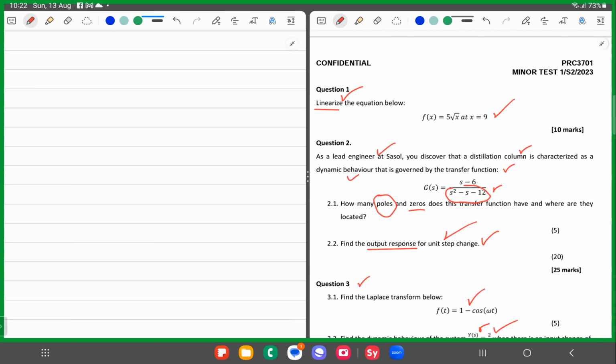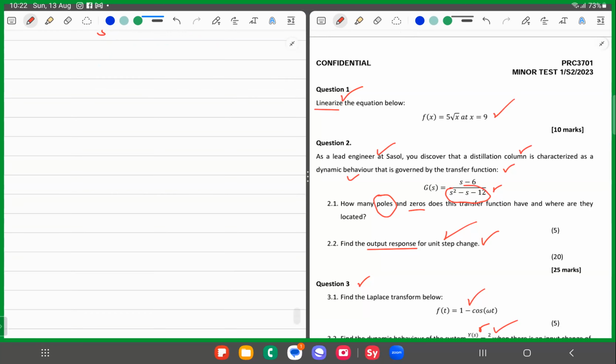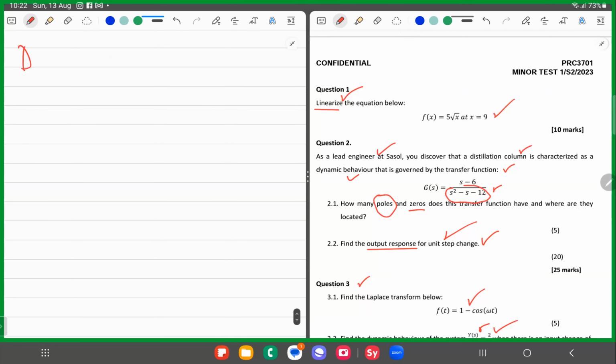First things first, what is the definition of a Laplace transform? Normally they don't ask that, but it's very important that you know what a Laplace transform is. So I'm going to look at the definition. I know that we have discussed the Laplace transform, but let me give a formal definition.